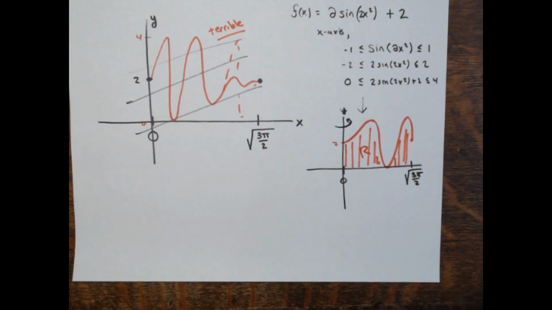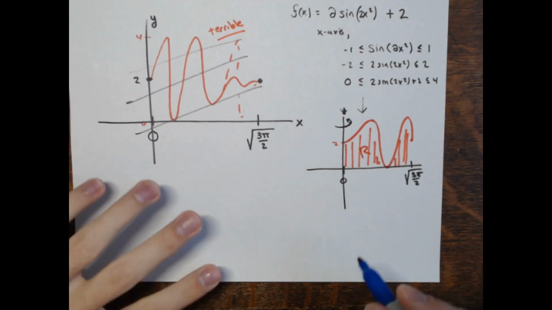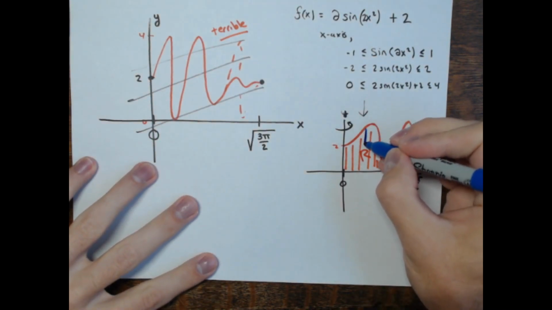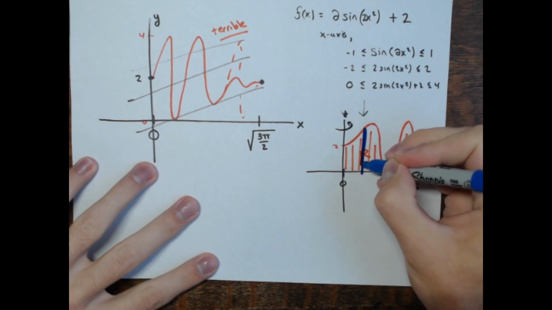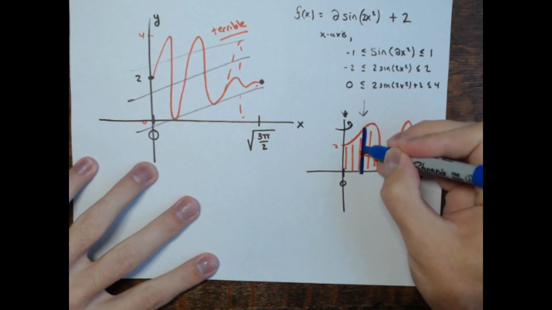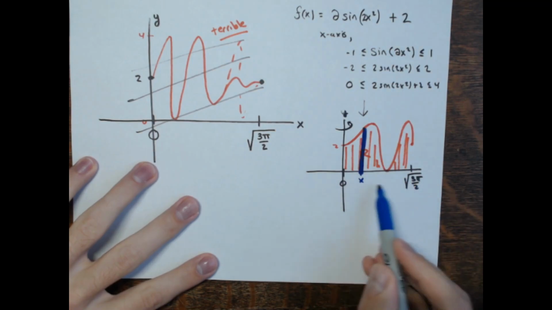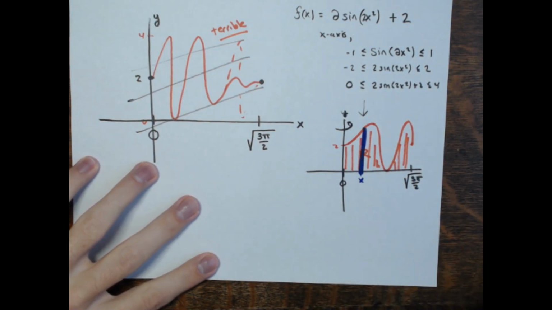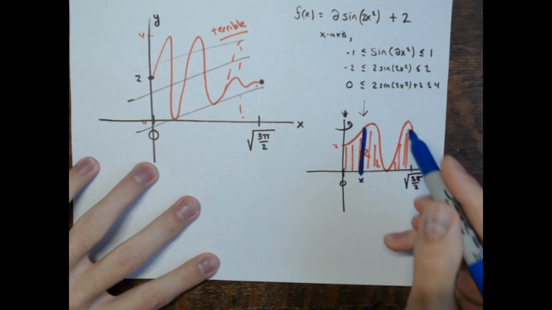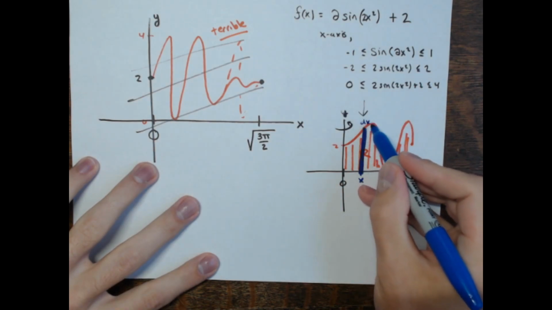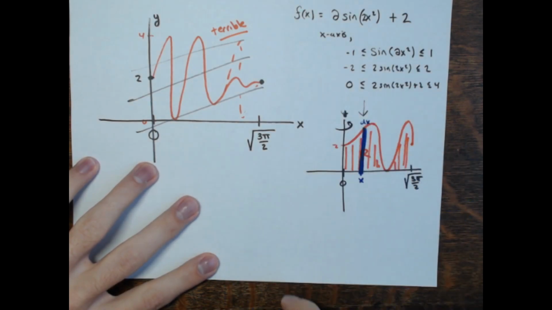So again, if I'm making a shell, I need to take any slice in here that's vertical, parallel to my line of rotation, and that'll be at some x value between 0 and the square root of 3 pi over 2. And the thickness I'll call dx. That'll be the thickness of the piece of paper when I rotate.